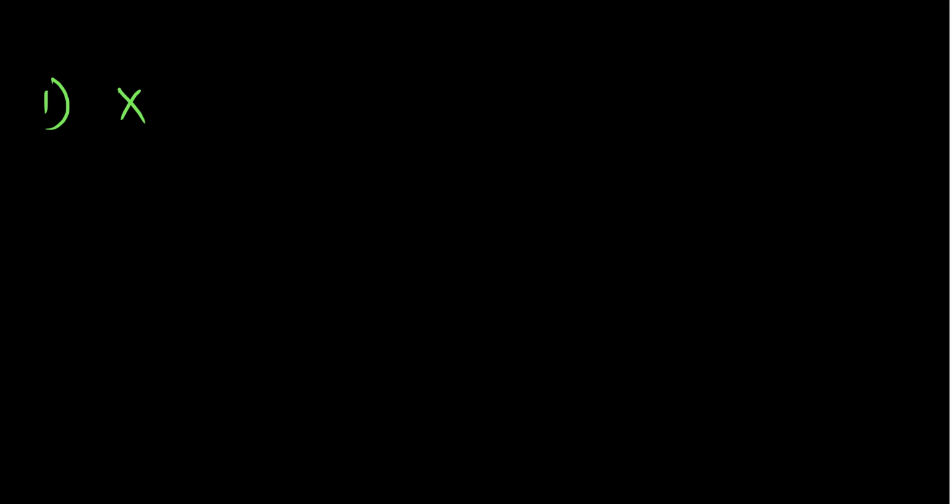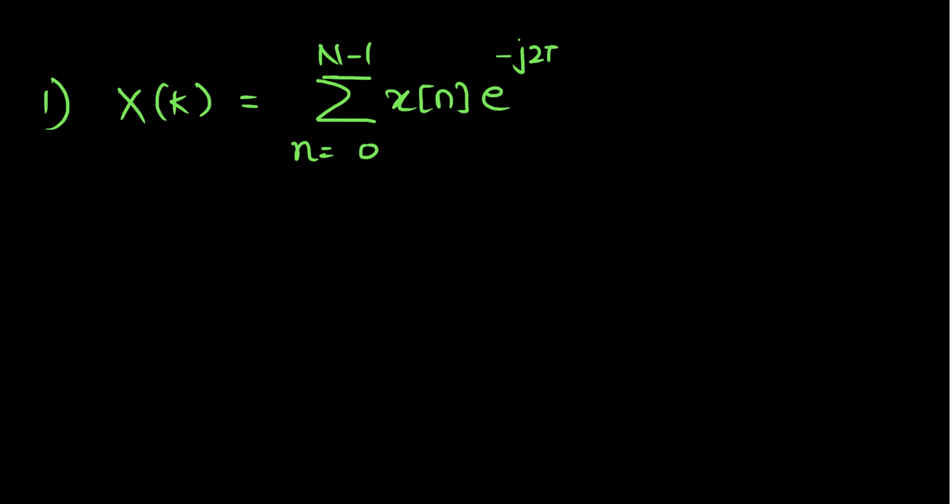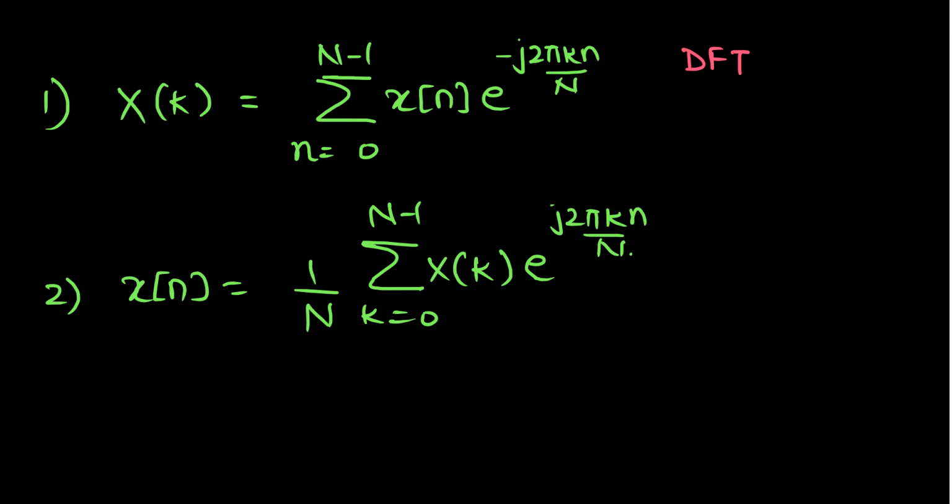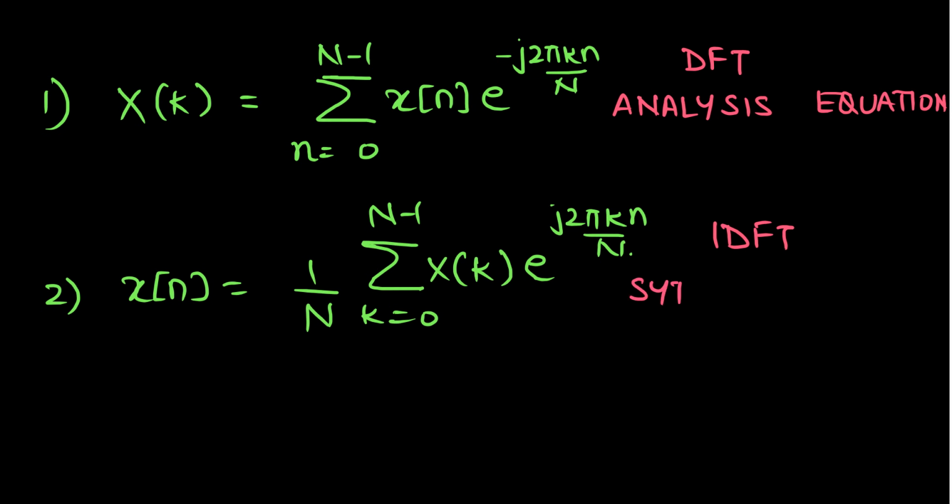The first equation was X of k is equal to summation n running from 0 to N minus 1 x of n into e to the power minus j 2 pi kn by N, and the second equation was given as x of n is equal to 1 by N summation k running from 0 to N minus 1 X of k into e to the power j 2 pi kn by N. This equation 1 here is the DFT, or it is known as the analysis equation for DFT, and this second equation is known as inverse DFT or IDFT, and it is also known as the synthesis equation.